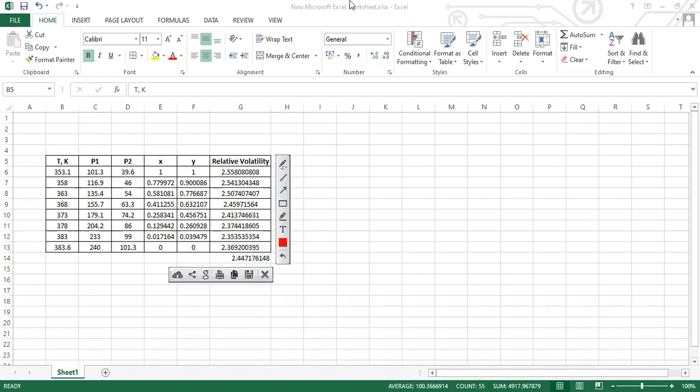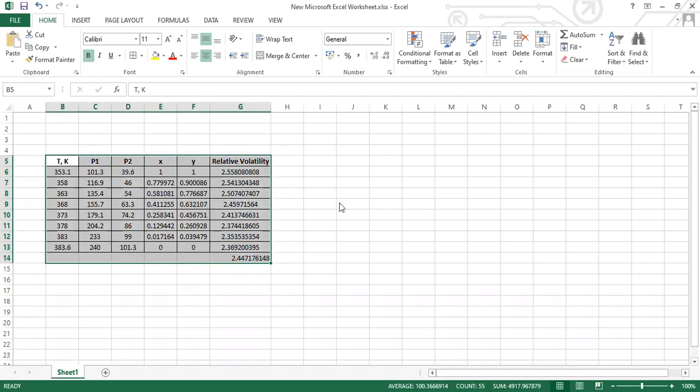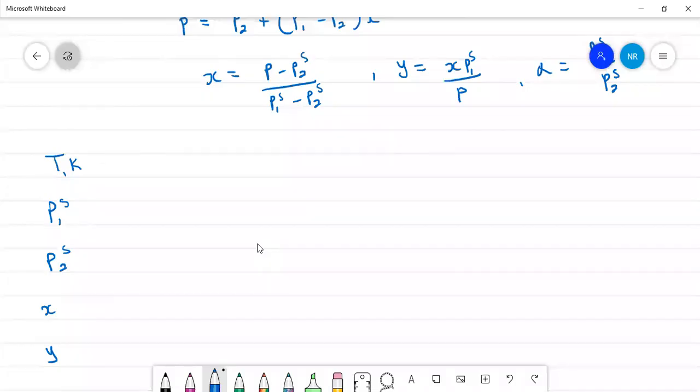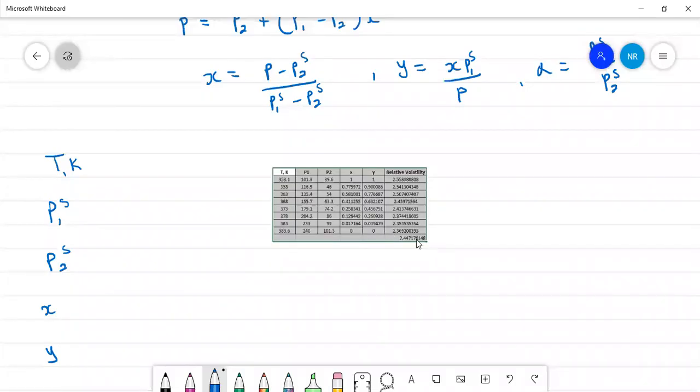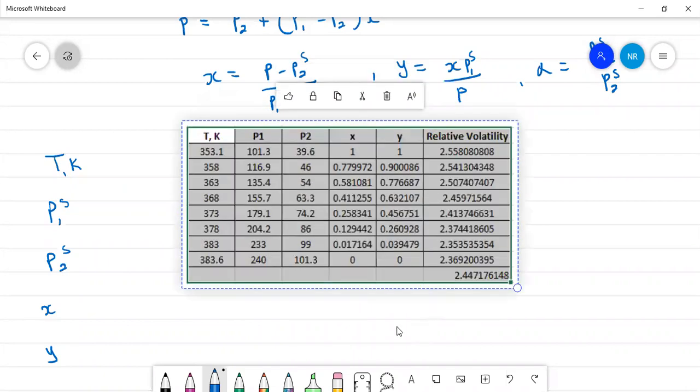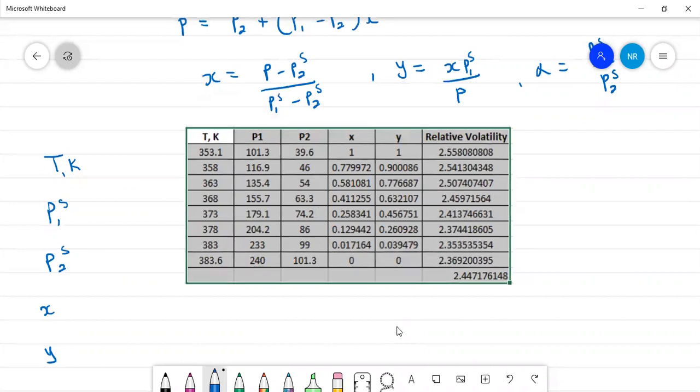Let me copy and paste here. Once I paste, I get the relative volatility equation: y is equal to alpha x divided by 1 plus alpha minus 1 multiplied by x.